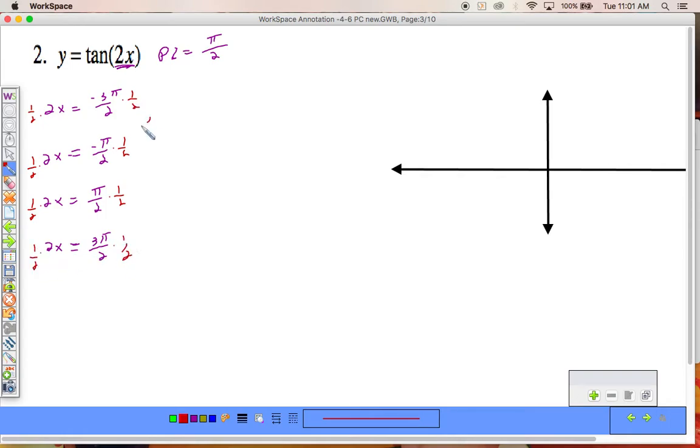So I'm going to get x to equal negative 3 pi over 4, negative pi over 4, positive pi over 4, and positive 3 pi over 4. So these are my 4 consecutive places where this equation is undefined.